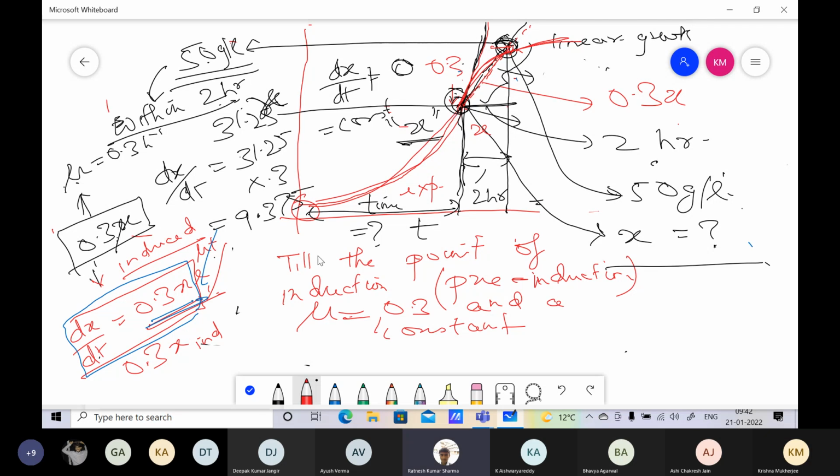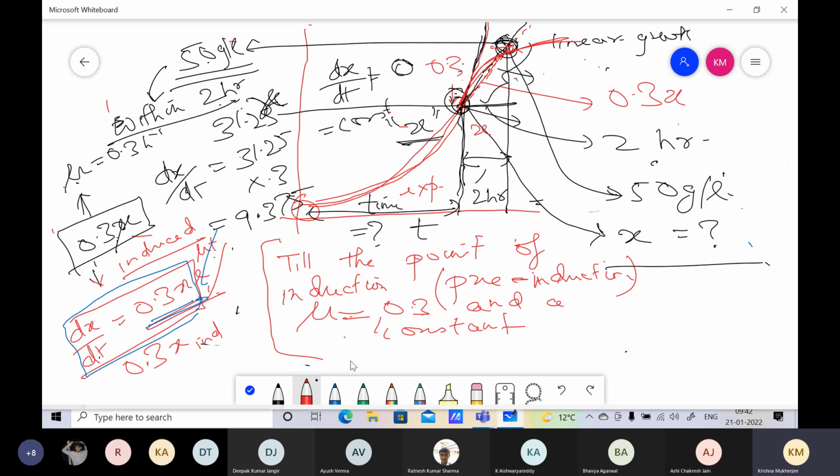Okay, sir, understood. So till the point of induction, mu is equal to 0.3 and x is increasing exponentially. At this point I add inducer and it becomes linear. Obviously, it does not become linear immediately. It continues exponentially, but it declines. It's a complex phenomenon. I have made a crude assumption that post-induction, dx by dt is a constant and not increasing anymore.